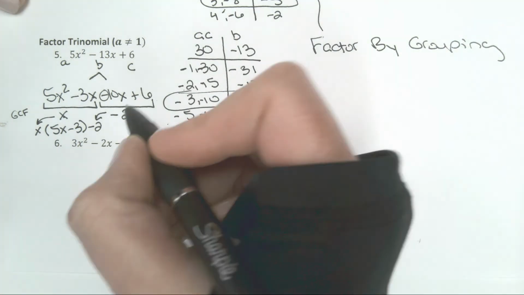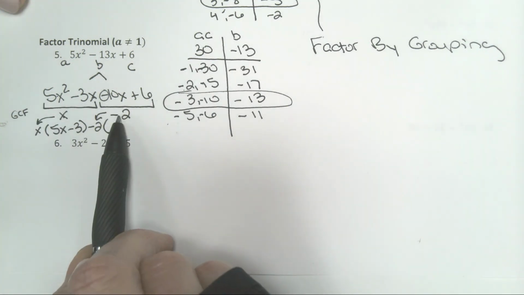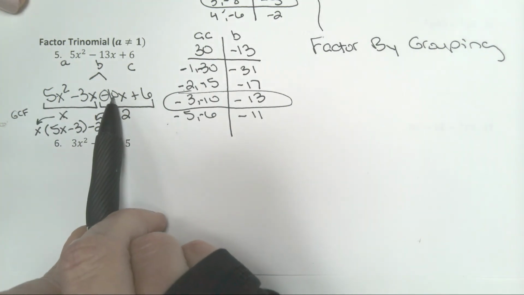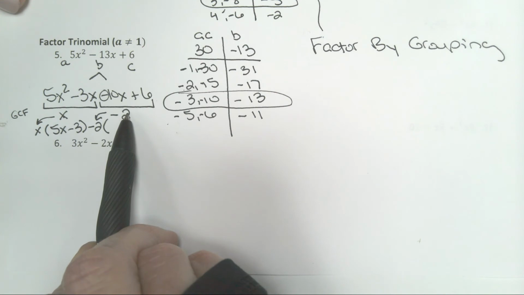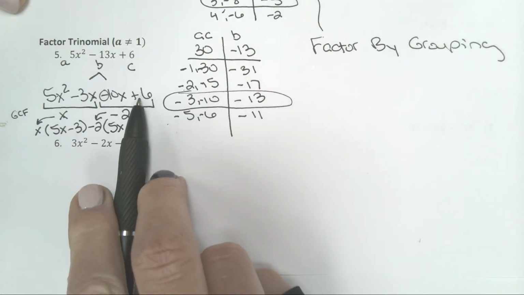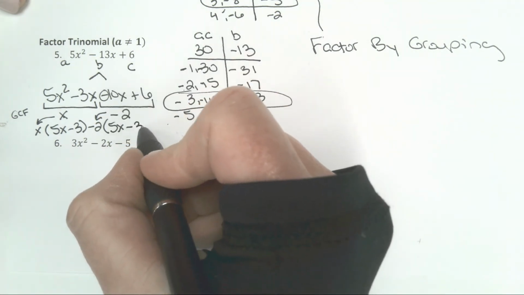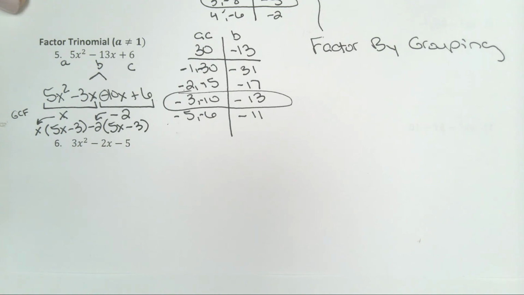Bring down the GCF again. And now divide. So be super careful because you're dividing by a negative. -10x divided by -2 is positive 5x. 6 divided by negative 2 is negative 3.